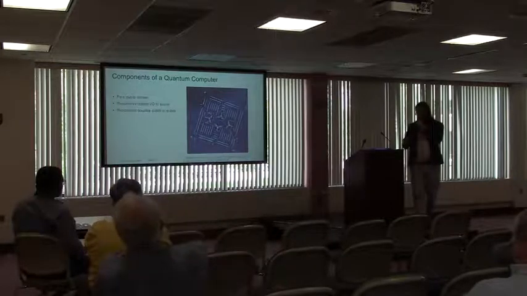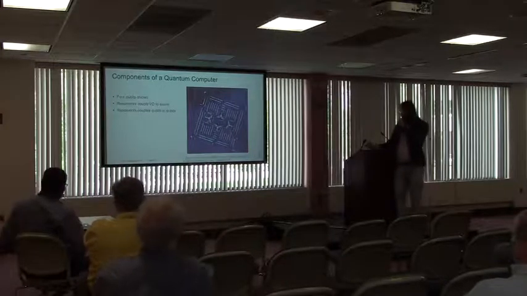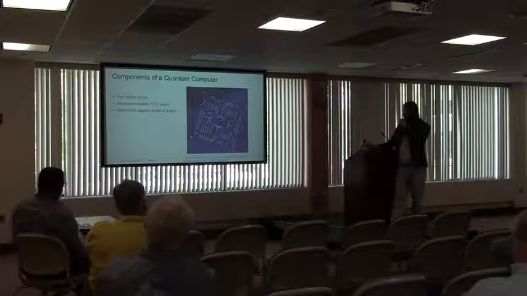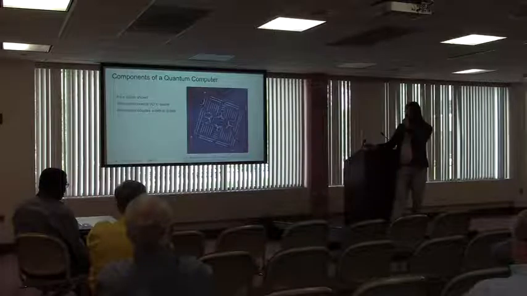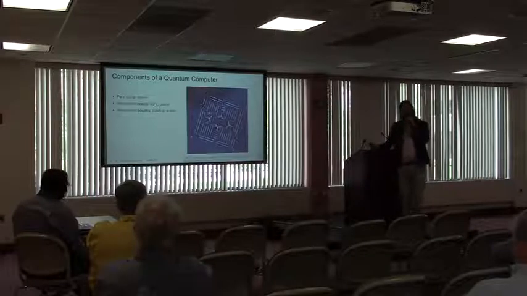So here is an example of an earlier version of IBM's supercomputer. In this case, 4 qubits are shown: 1, 2, 3, 4. And what you see in between, those long lines, are resonators. Each of them is resonating at a specific frequency.